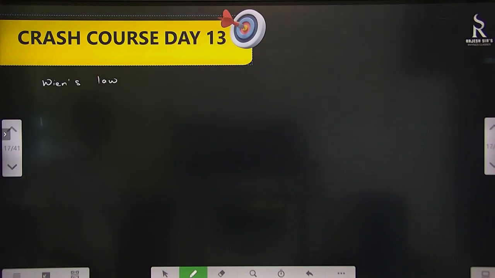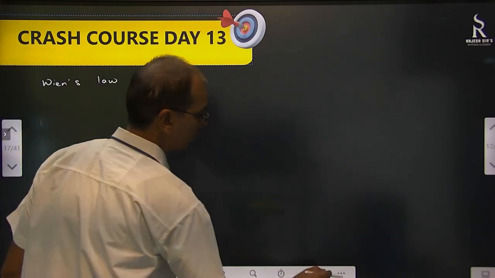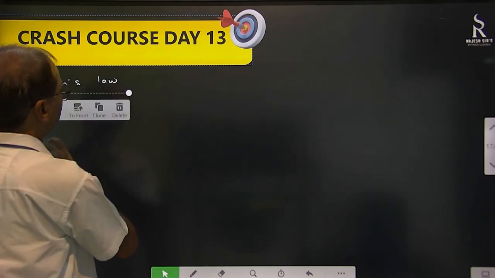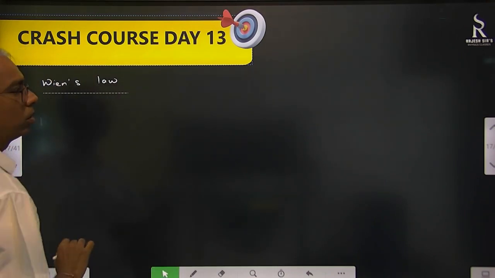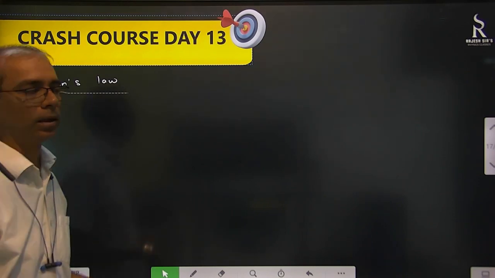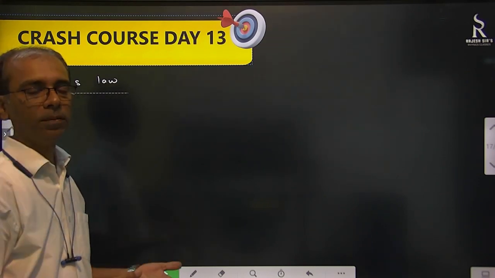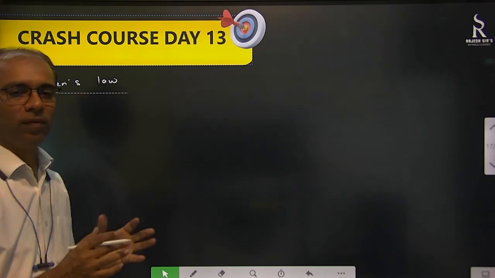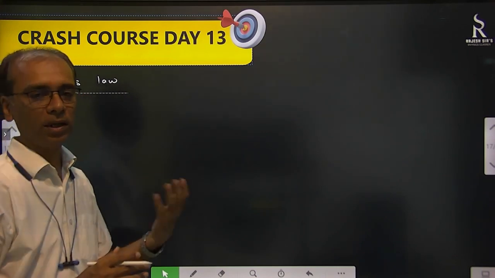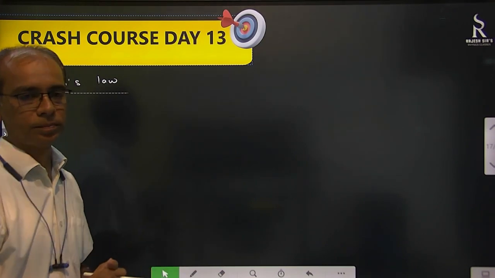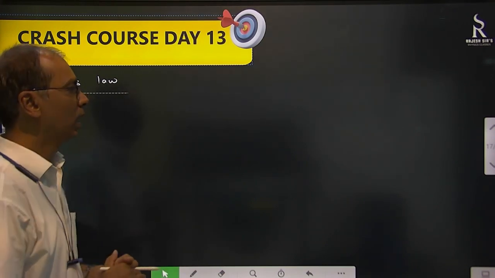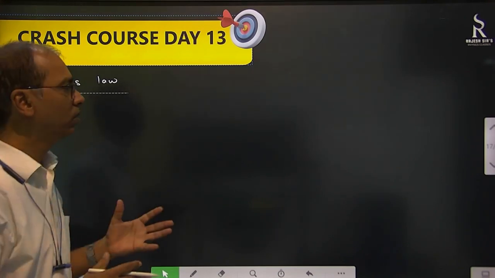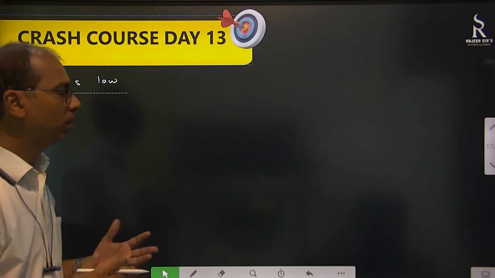Okay, Wien's law. Now what's Wien's law? Wien's law says that as the temperature of a body increases, the wavelength that it is radiating decreases. What kind of radiations are these? These are electromagnetic waves, electromagnetic radiation.